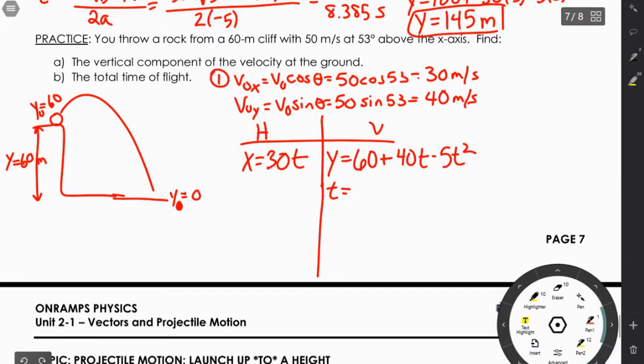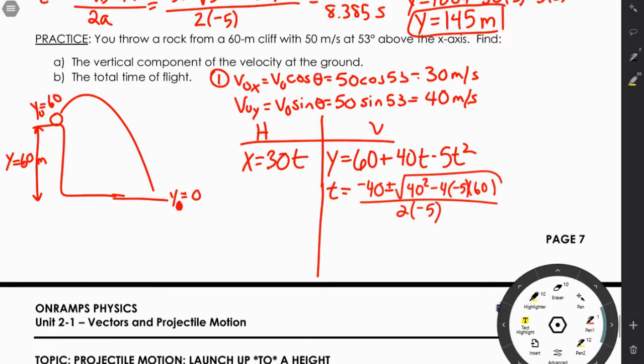We know what the quadratic equation is; I just wrote it up above there. So it's going to be negative 40 plus or minus the square root of 40 squared minus 4 times negative 5 times 60, all over 2 times negative 5. Again, you're going to get two answers. One's going to be positive, one's going to be negative, which is expected.